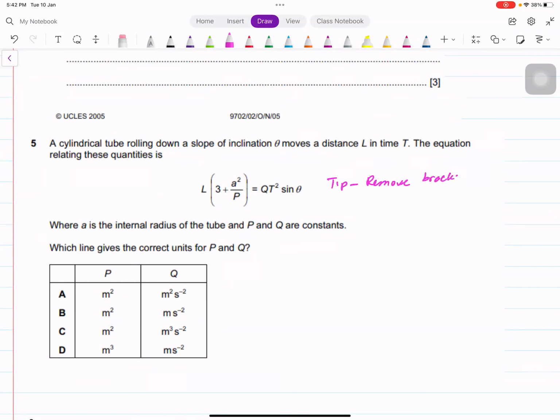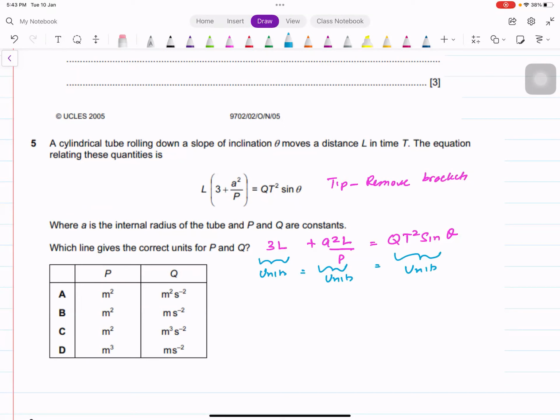When you remove brackets, you get every term separate. Like for example, 3 times L plus A square L over B equals to QT square sine theta, right? This is what you get. Now, because every term is the same in homogeneous equations, we should understand that the units on this one and the units on this one and the units on this one are all same, right?